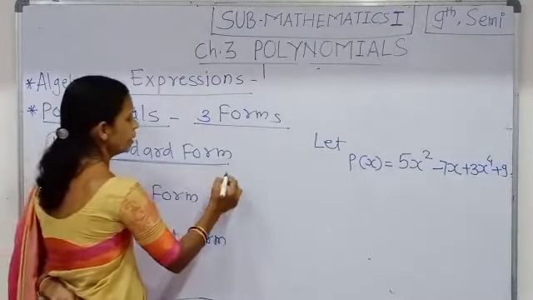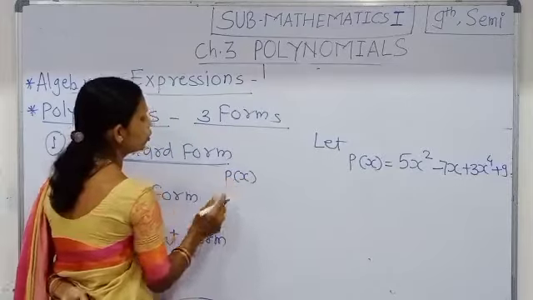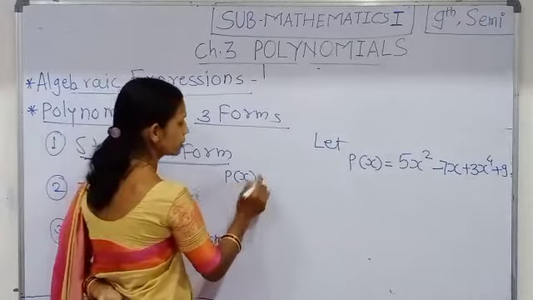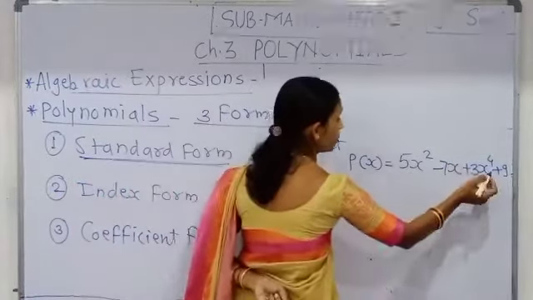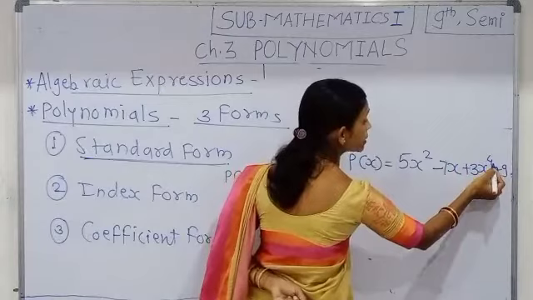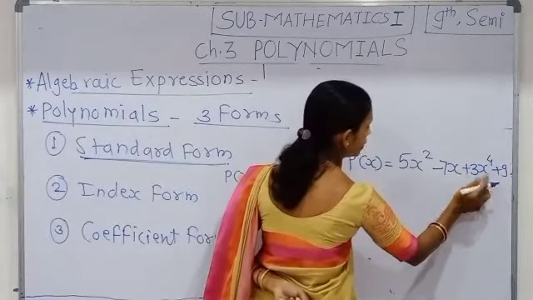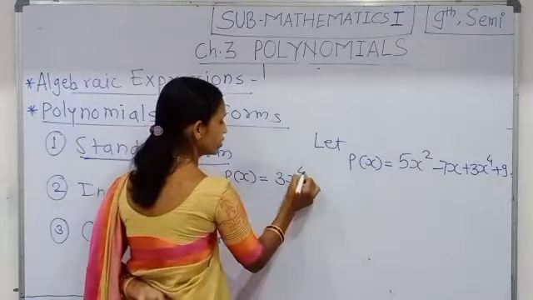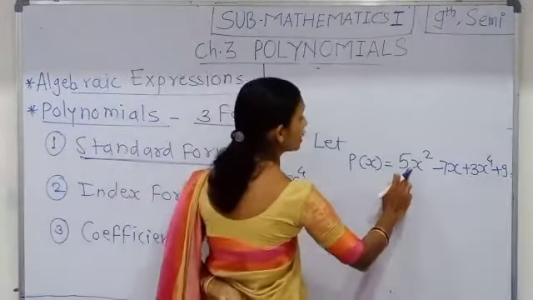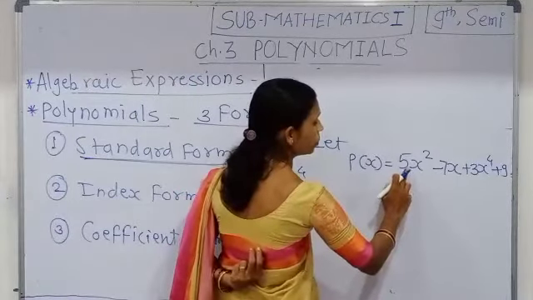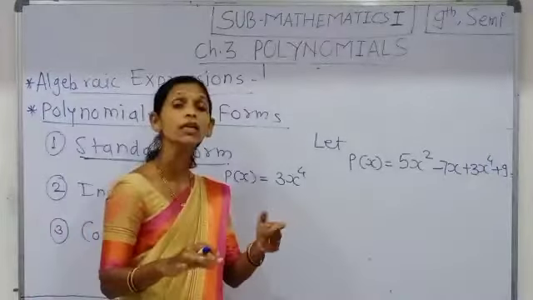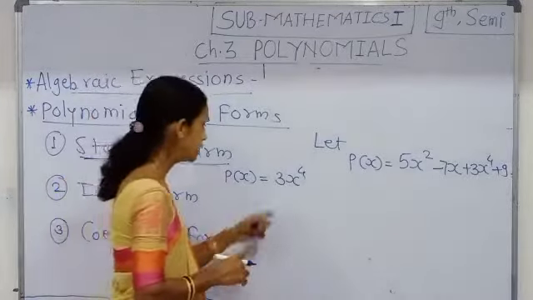Let us write the polynomial in standard form, that is p(x) equals, see here, the term with the highest degree of its variable, that is 3x raised to 4. Therefore first of all we write 3x raised to 4. Then there is one more term, 5x square, but here the term with degree 3 is absent, isn't it?